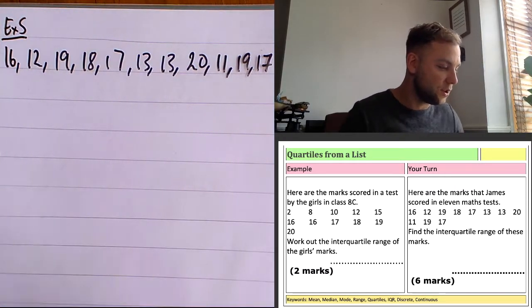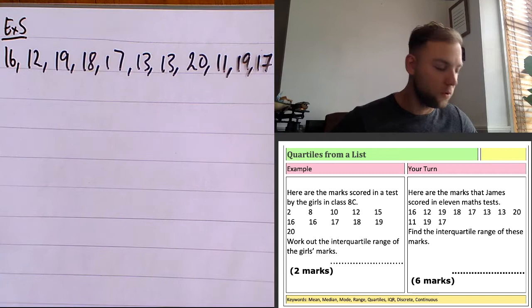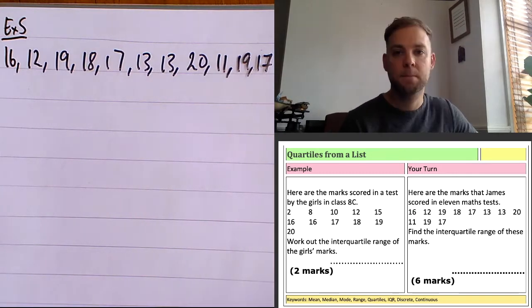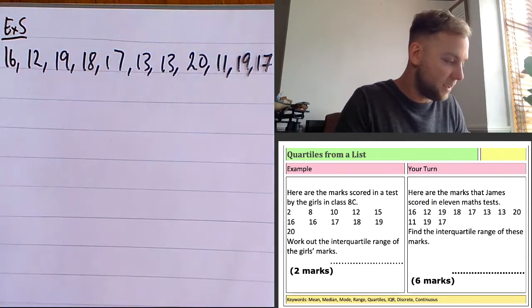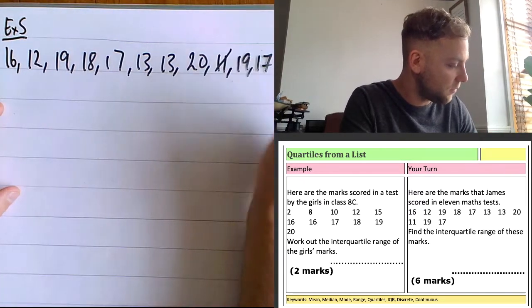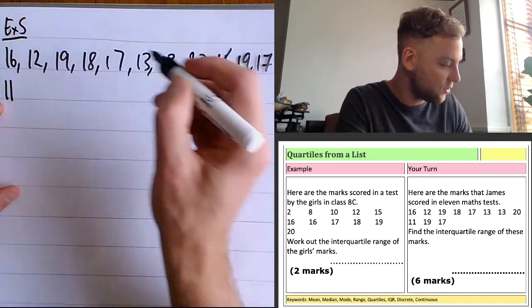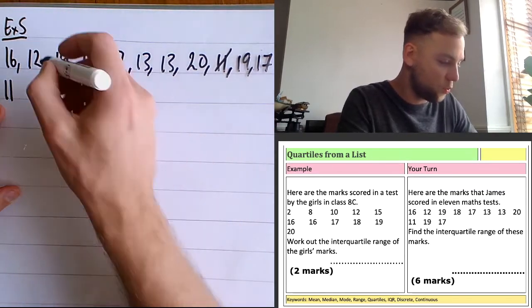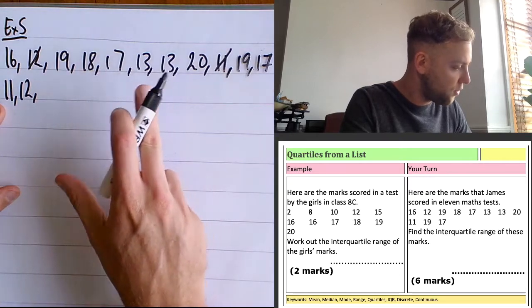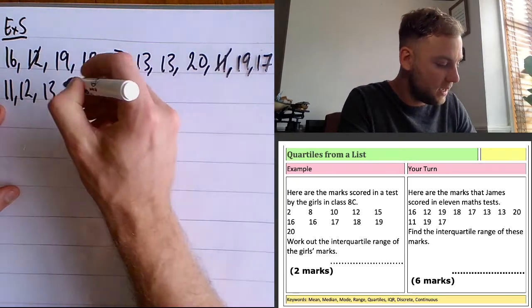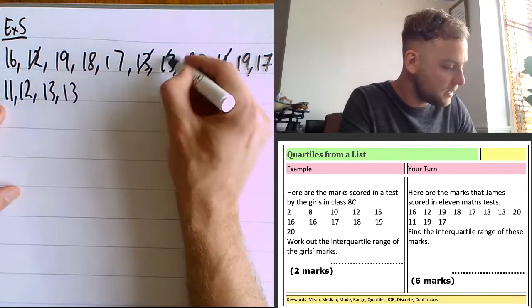So the first thing I need to do is find the smallest value. So when I go down this, my smallest value is equal to 11. So let's get that one down first. 11 first. Then my next one is 12. Then I've got 13 twice.